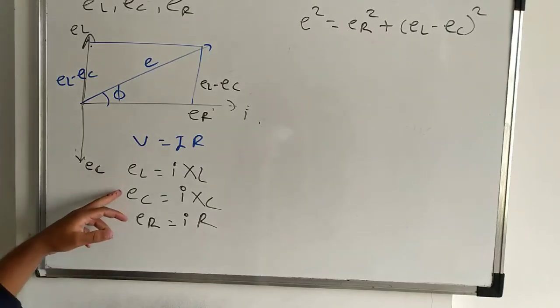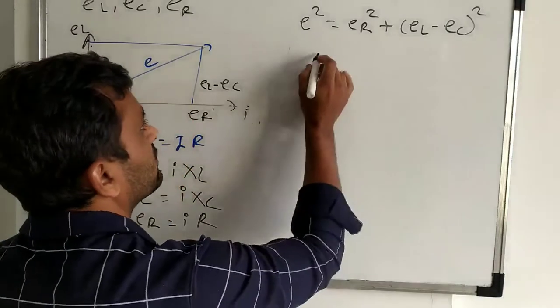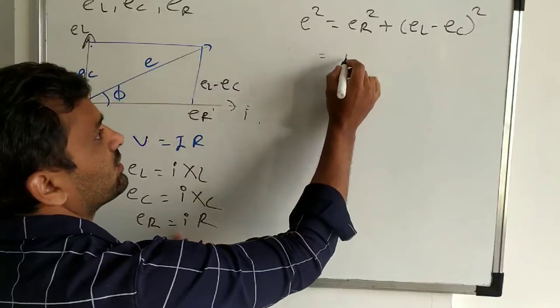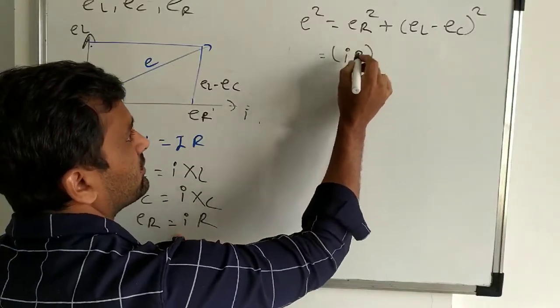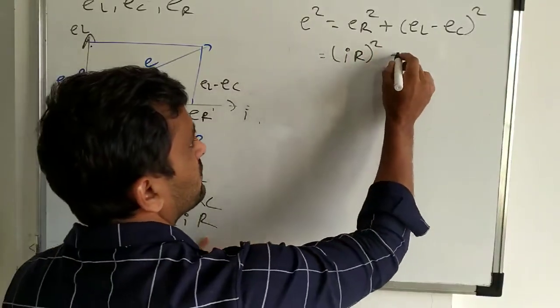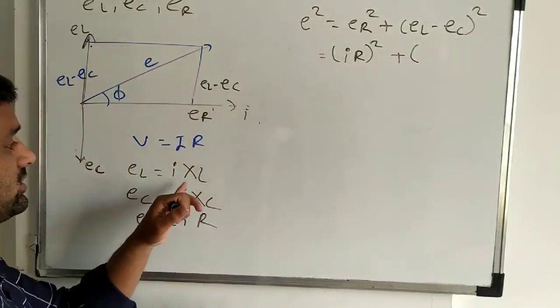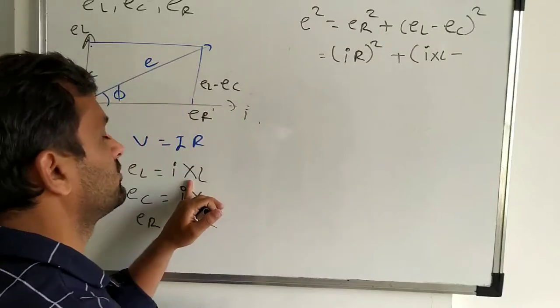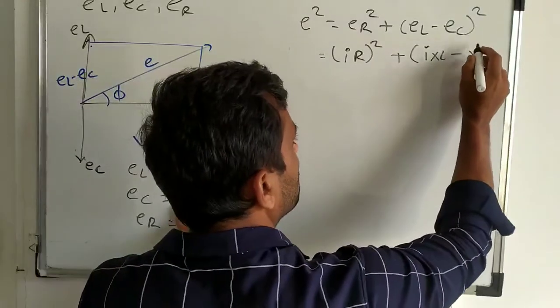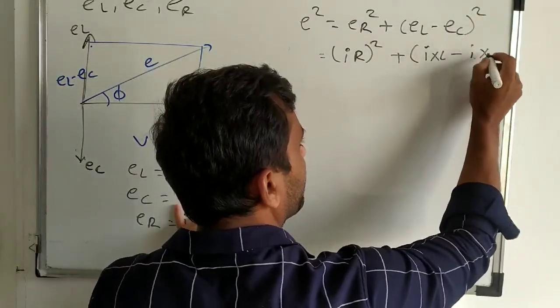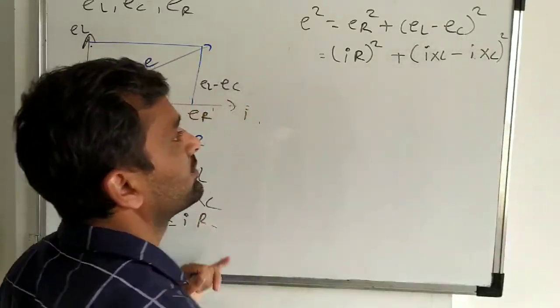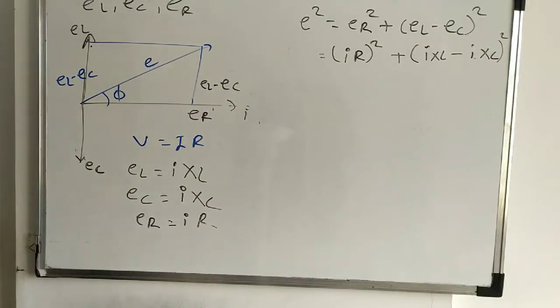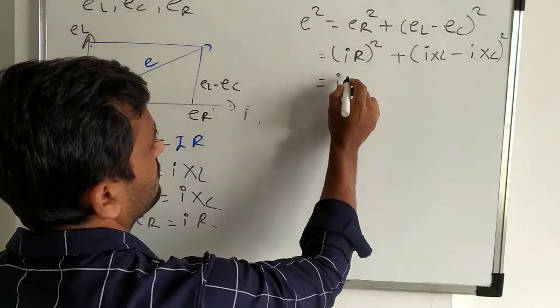Put the values of EL, EC and ER here. What will happen? ER is (IR) square plus what is EL? EL is IXL minus EC is IXC, bracket square. Then what is the common term? I square is common.